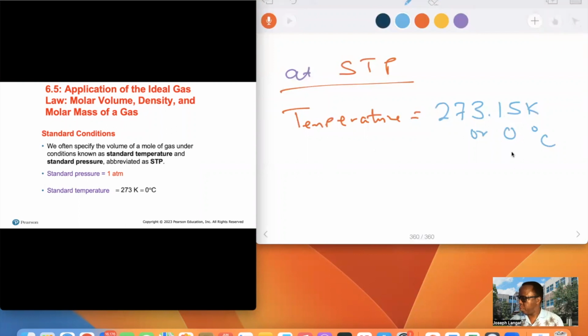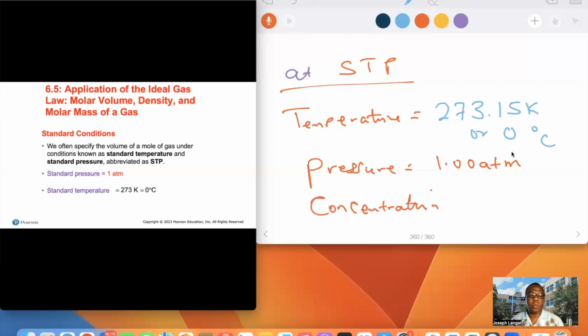And pressure, okay? Pressure at standard temperature is 1.00 atm, atmospheres. For molarity concentration, even though we're not going to look at this at this point, it's good to know the condition at STP.